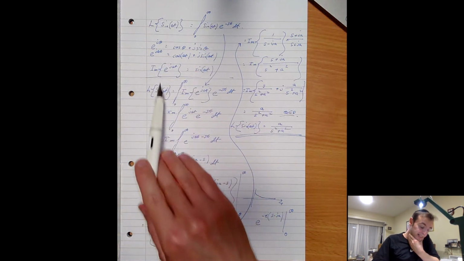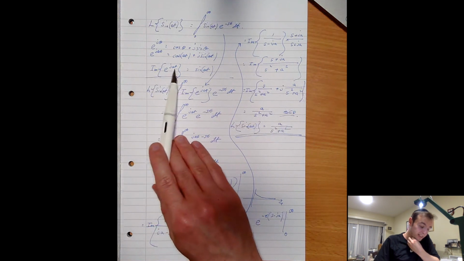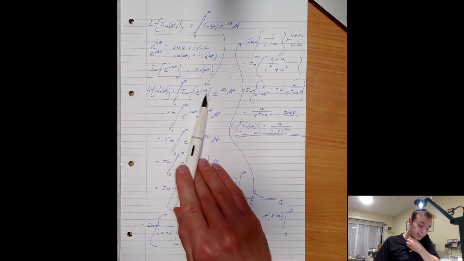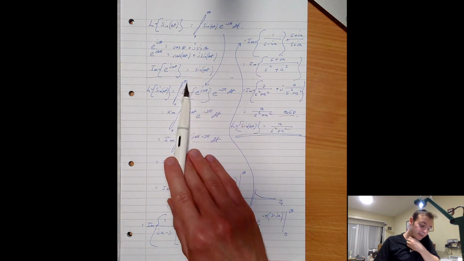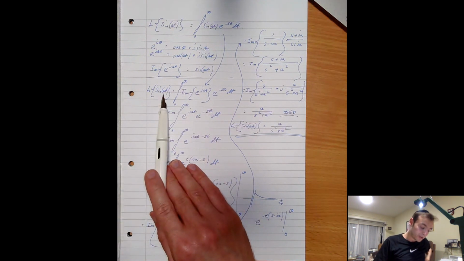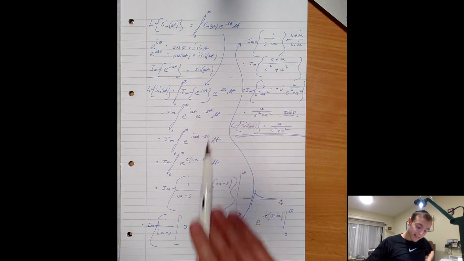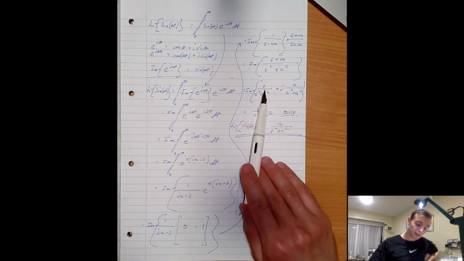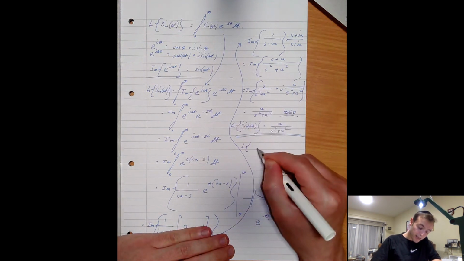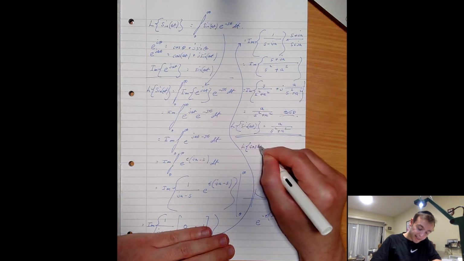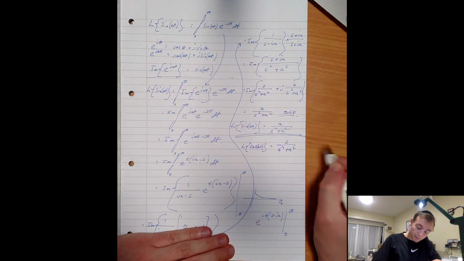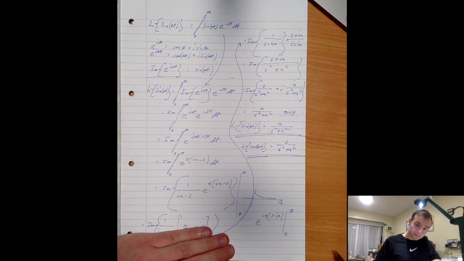The integration is exactly the same, so we would get all the way down to here again, except this would be the real part of the whole function. So we can easily say by observation that the Laplace transform of cosine at is simply s on (s squared plus a squared). Nice and simple.